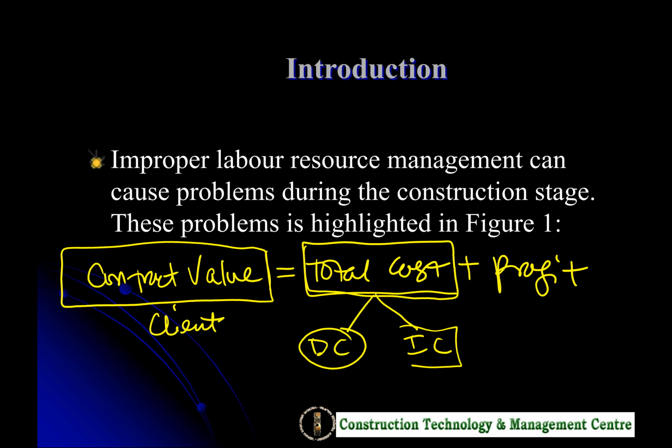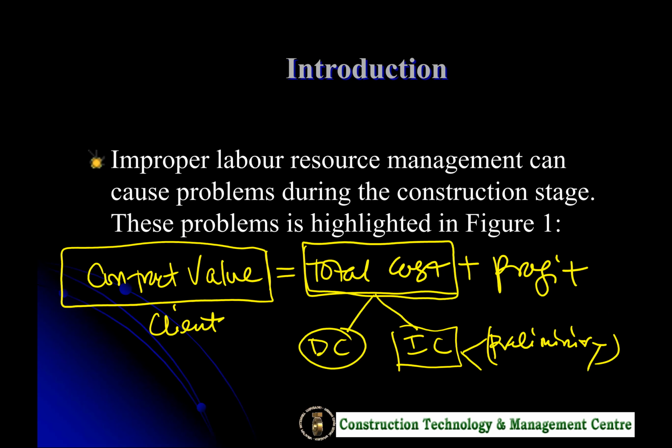How about indirect cost? Indirect cost could be the preliminaries. You can check on the spelling. Preliminary item such as the site office, utility bills, tracking, and controlling is part of the preliminary costs, because in tracking we need to do inspection, we need to do testing, we need to do meeting, we need to report.